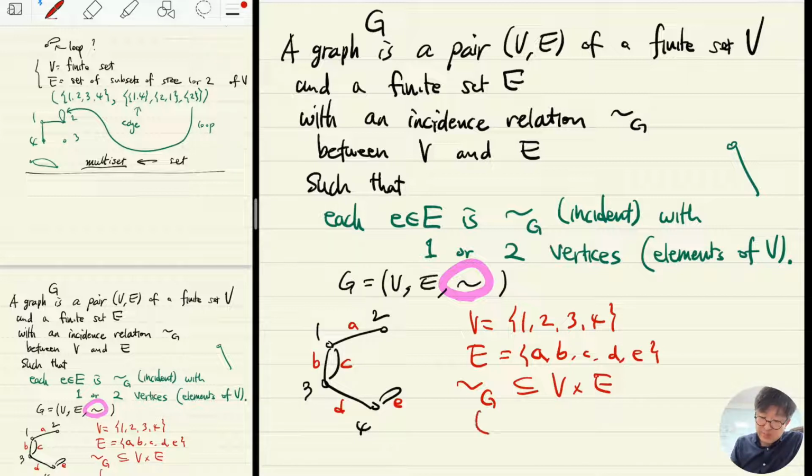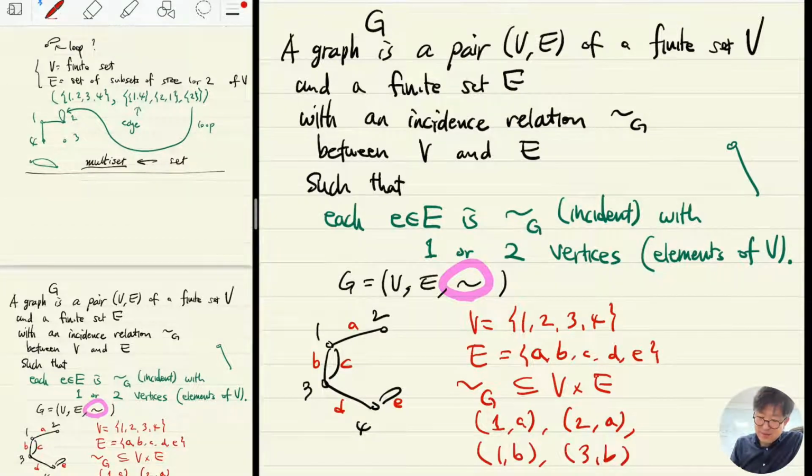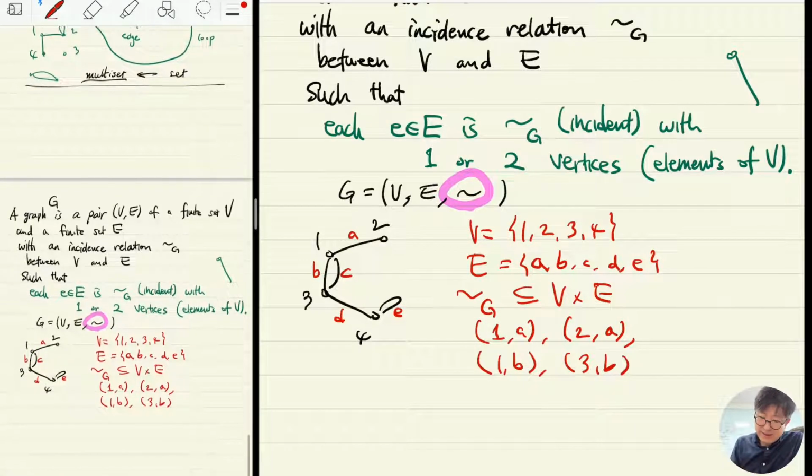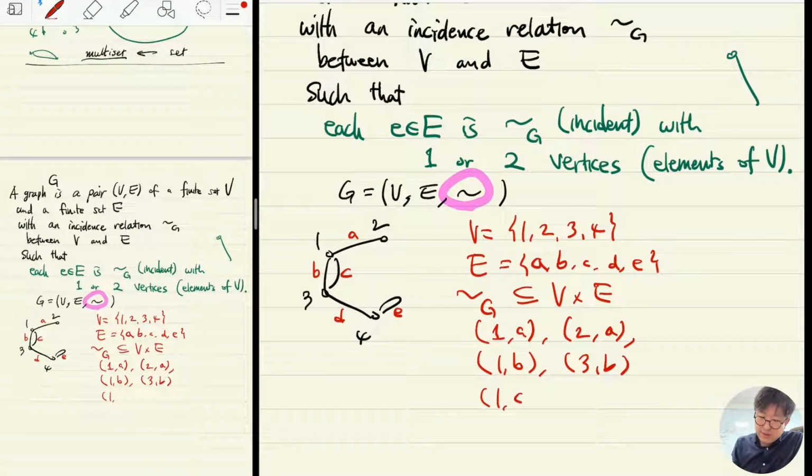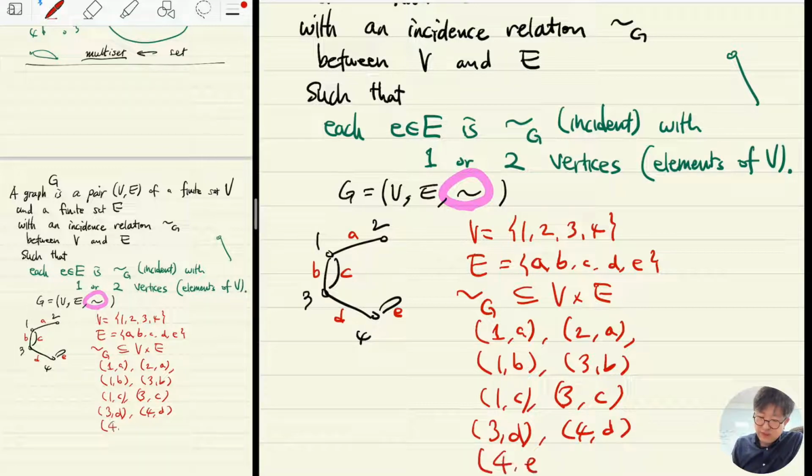So it could be 1A and 2A, yes, and 1B, 3B, and 1C, 3C, and 3D, 4D, and 4E, right? So this incidence relation is actually a set of pairs of a vertex and an edge.